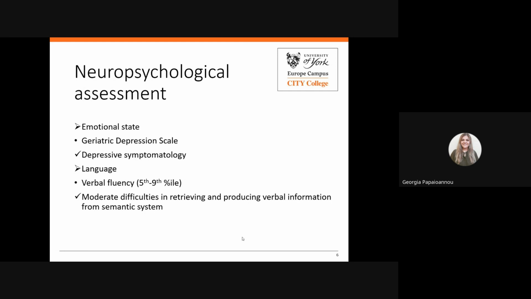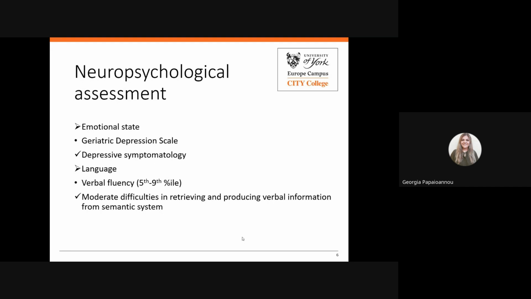It was really important for us to have some information about her emotional state. That's why we gave the geriatric depression scale, which has a lot to do with the depressive symptomatology that was also found, and the apathy symptomatology that was described by her relatives. To see more information about her language cognitive function, we've given the verbal fluency test.